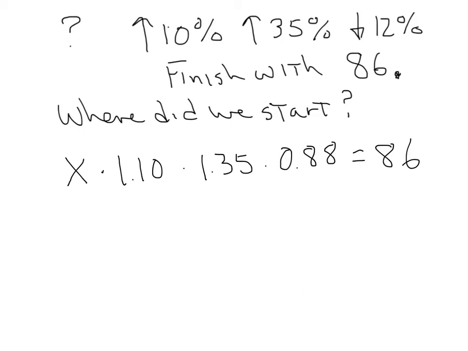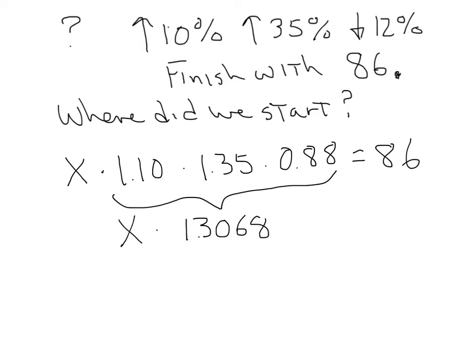And so we can do this multiplying. We simply check out what this multiplier is. And so multiplying that, we get 1.1 times 1.35 times 0.88, and that equals 1.3068. And so we know that x times 1.3068 equals 86.